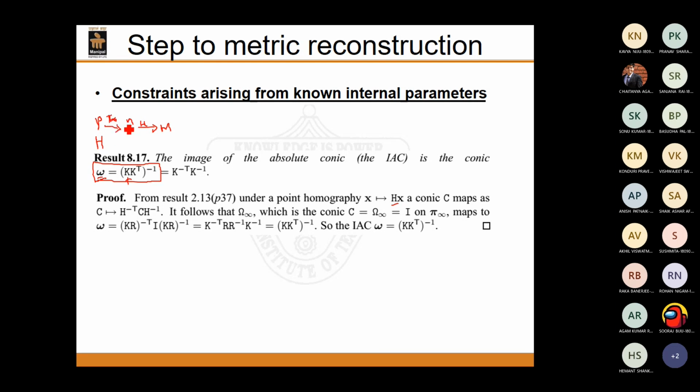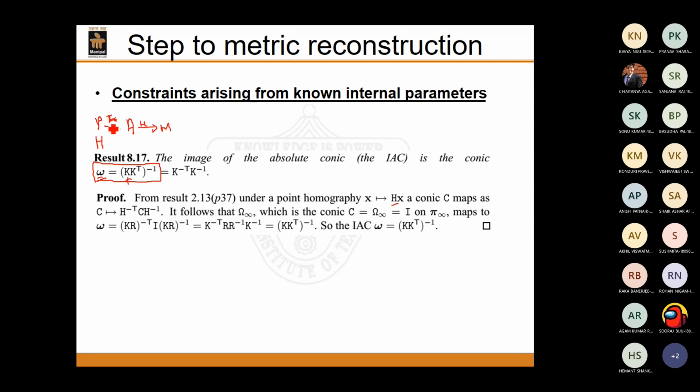And in order to find out the plane at infinity, I identify different sets of parallel lines which are present in the two images, and project them to get different points at infinity. These different points at infinity together give me the information regarding pi infinity.